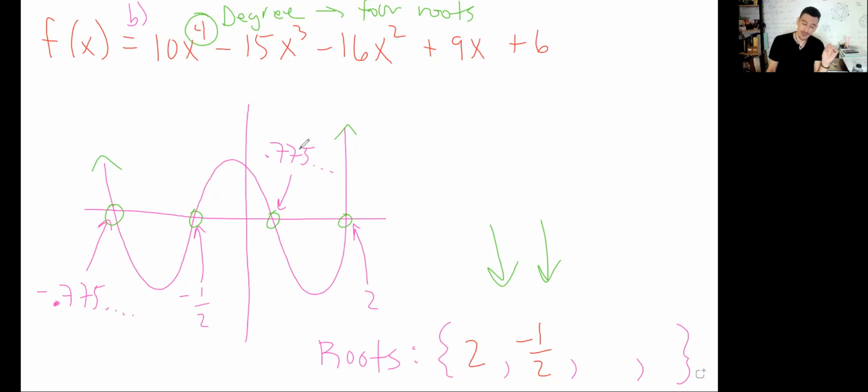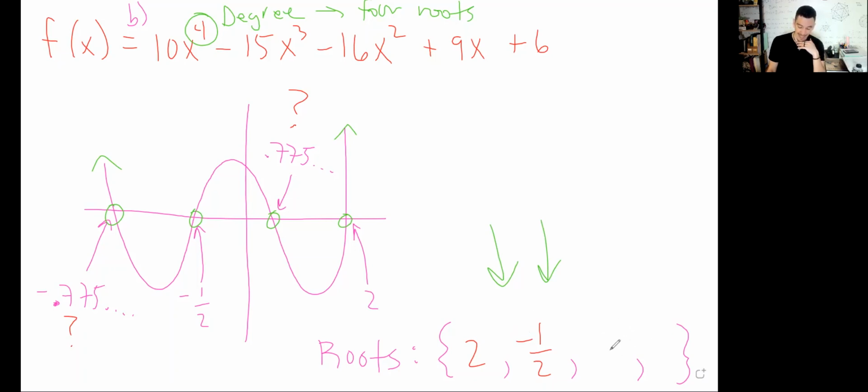But I'm not going to use it because I have a suspicion that this number was rounded, and I don't want to give the teacher any answers that have been rounded. I want the exact roots themselves. So for that reason, I don't know what this is, and I don't know what this is. But I do know that I have 2 and I have negative 1/2.